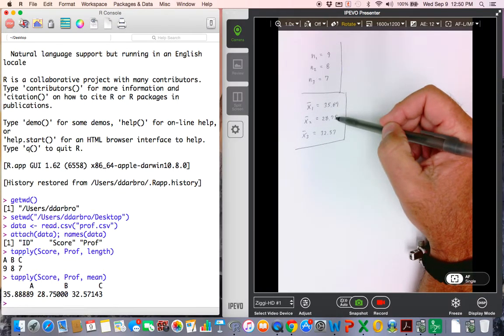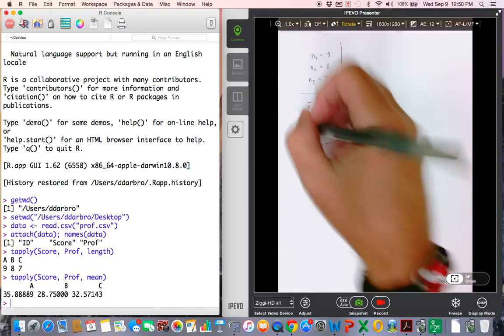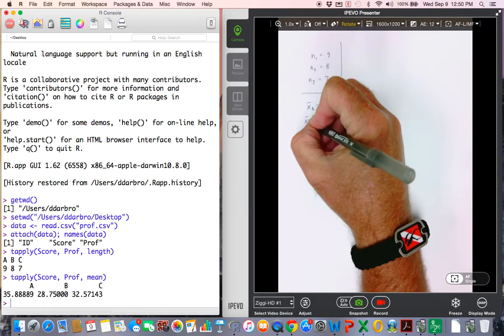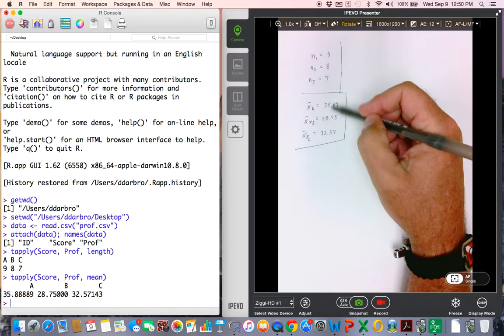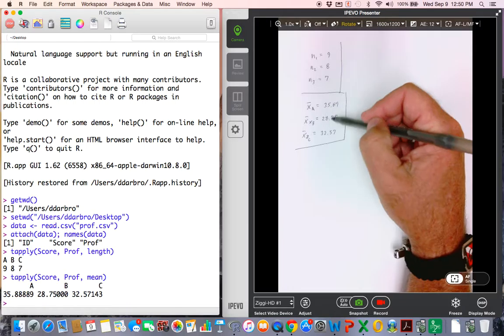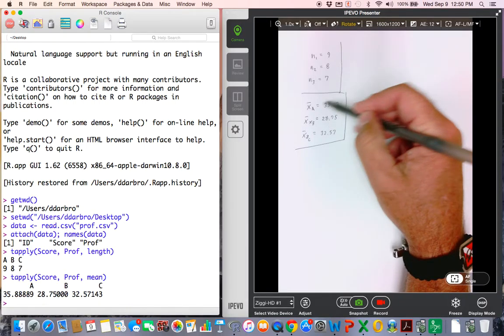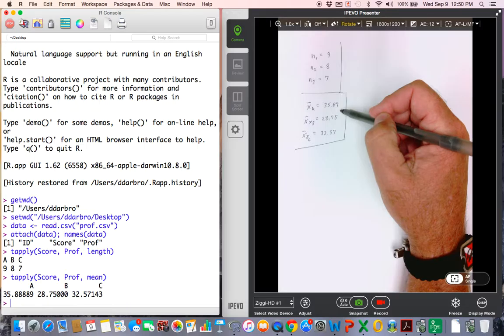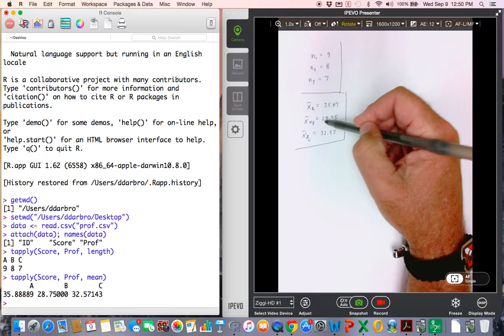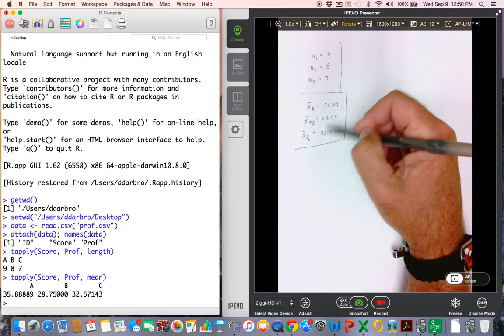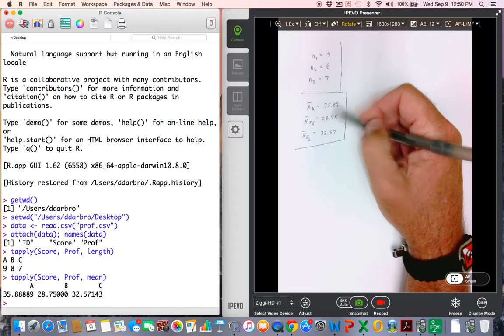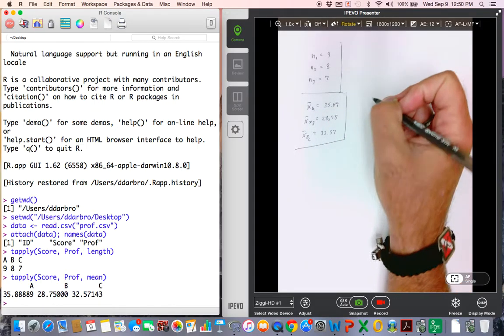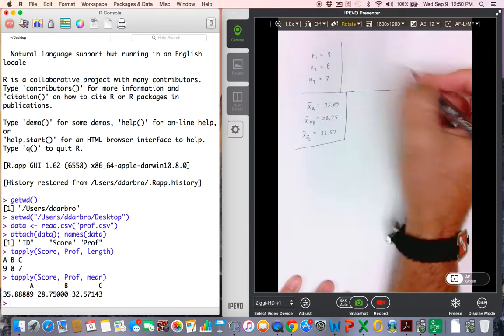But right here between x bar 1 and x bar 2, for Professor A and Professor B, there's a pretty significant difference, and significant usually means less than 0.05. I don't know that yet, but there's a difference there that captures my attention. I don't know if this 32 to 28 will be enough, but it looks to me like the 28.75 to 35.89 difference could lead into something.